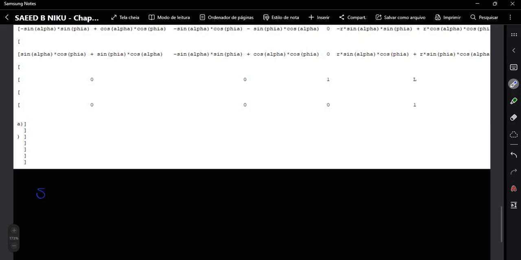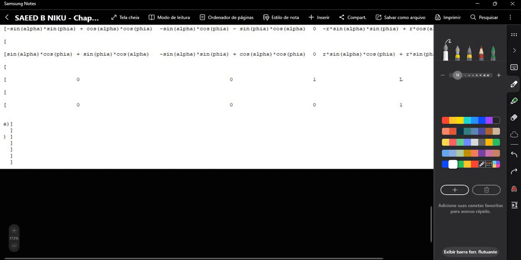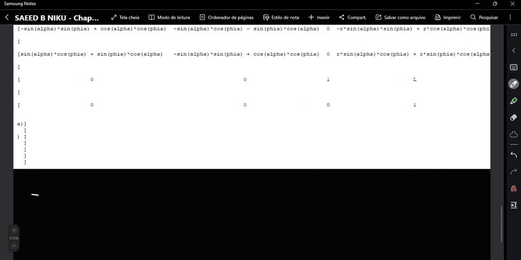And let's see what we will obtain as a result. Minus sine of alpha. We change the color. And because I also wanted to enter another topic, because this is taking too long.